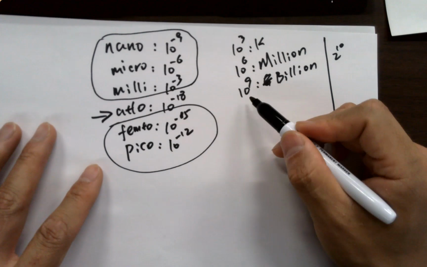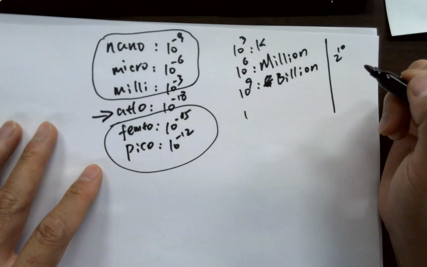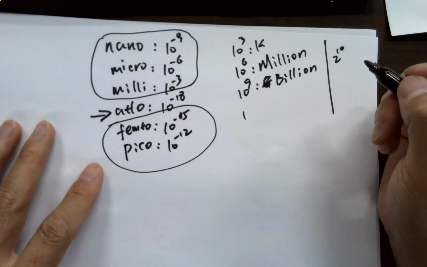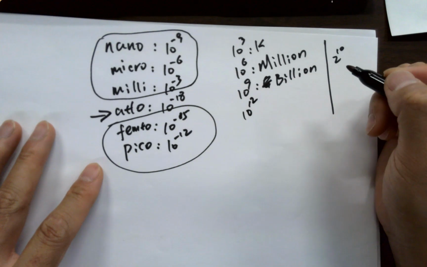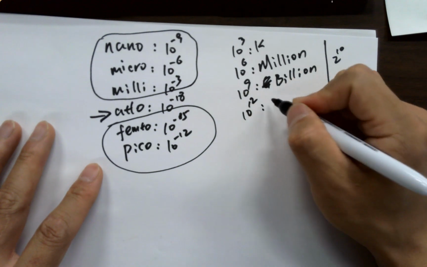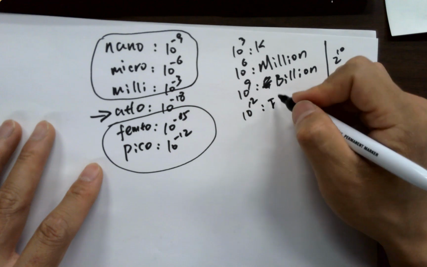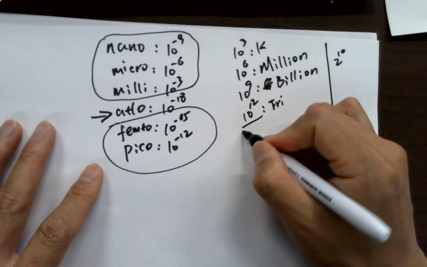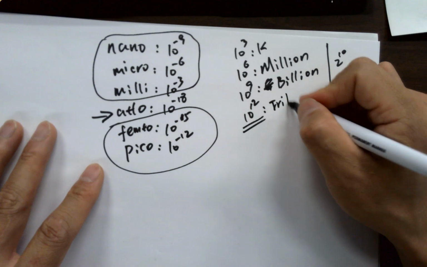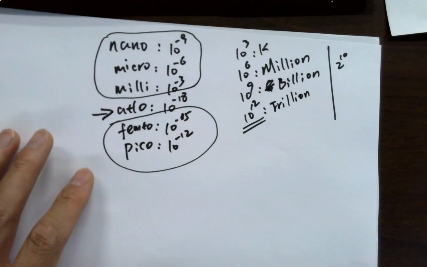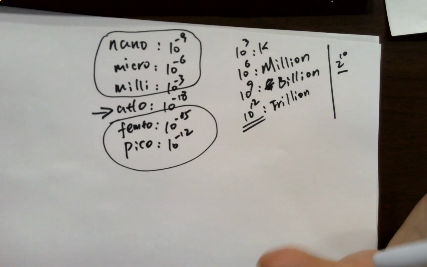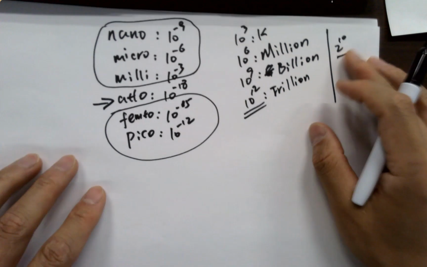Anyway, what is this? Trillion, or tera. If it's just base 10, it will be trillion. Tera will be base 2. It's not exactly the same, but okay.